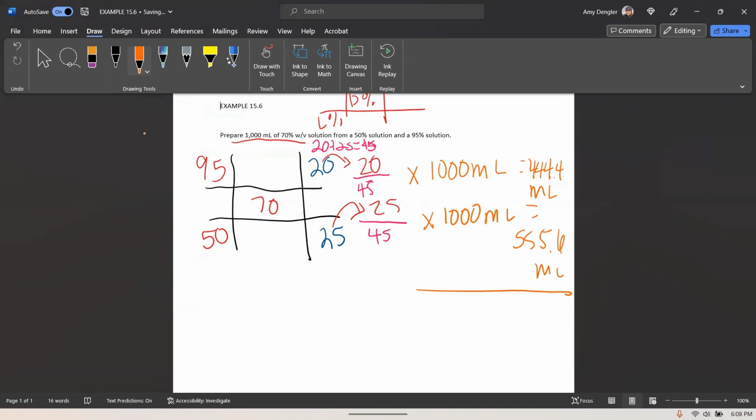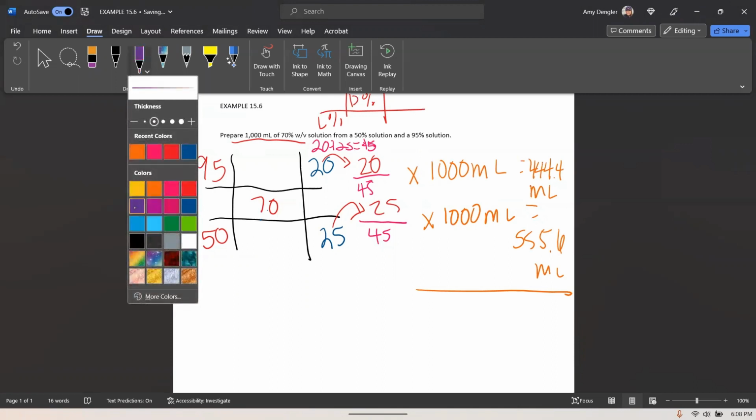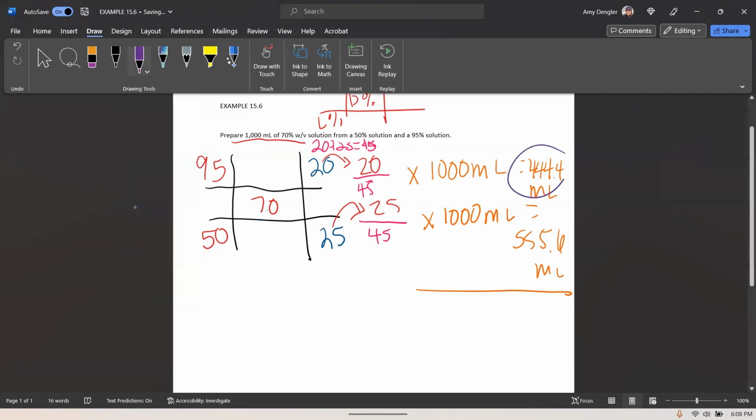So now, if I were to add these two numbers together, you can check your answer for these, because if you were to add these two numbers together, you will get 1000 ml. So what this is telling us is, so this is our 95 here.